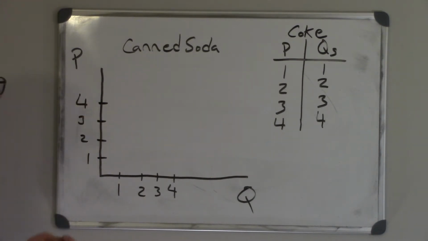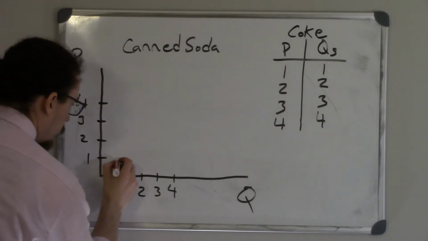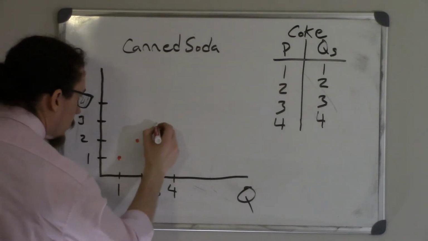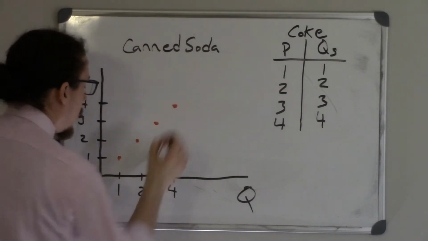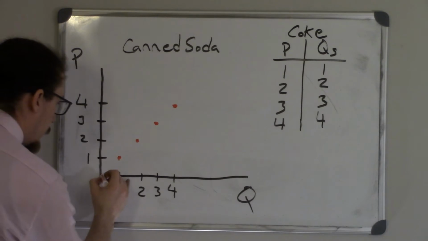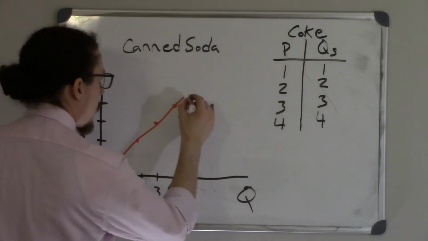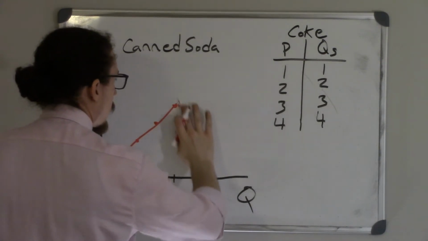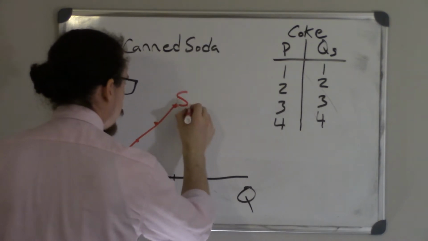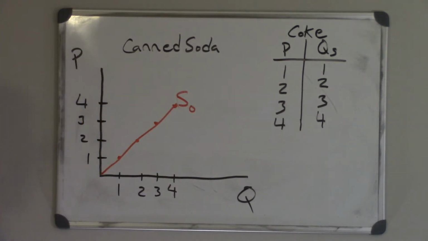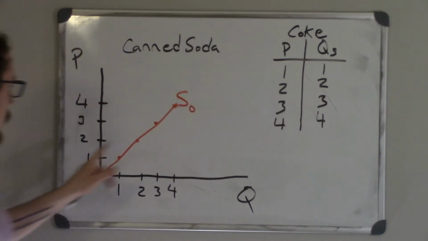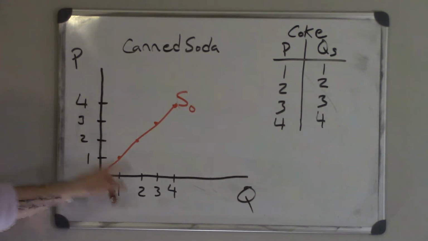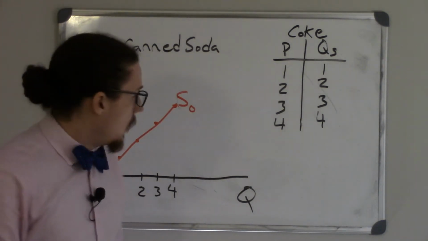So we could plot our supply curve, just the idea of the XY grid. So we have our original here. If the price is 1, the quantity supplied will be 1. If the price is 2, 2, and so on and so forth.